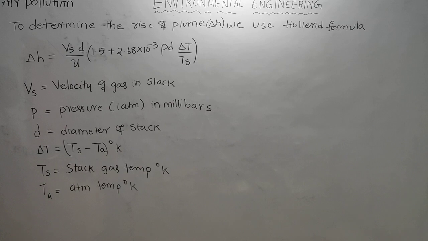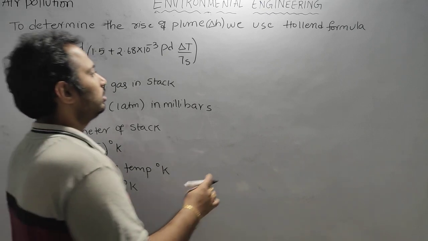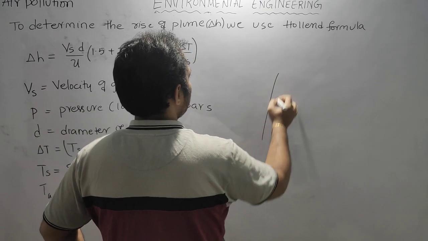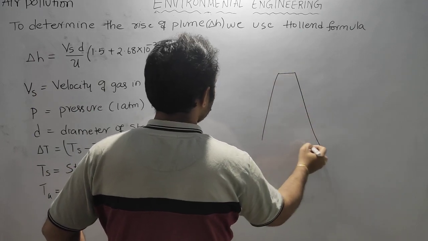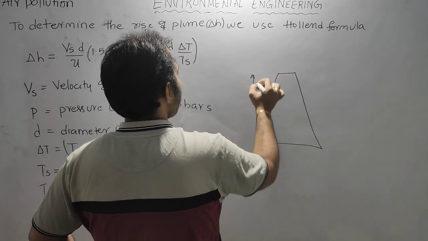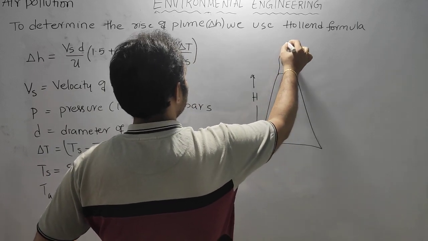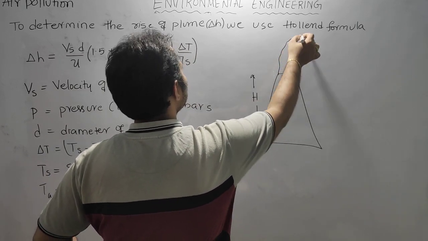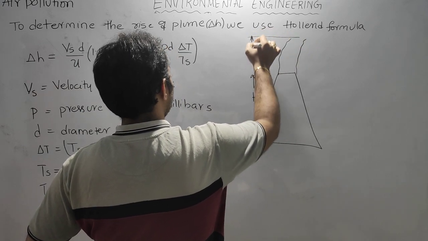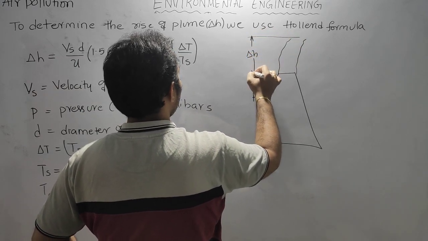So what is the height of the stack? Generally we provide this. Let us assume this is the height of the stack, and this is the plume rise height. Before dispersion, the height it is rising is nothing but the plume rise.